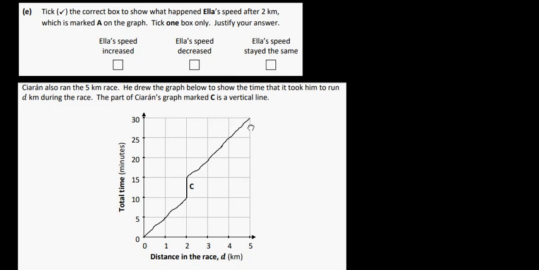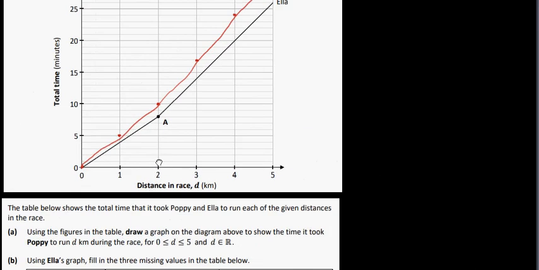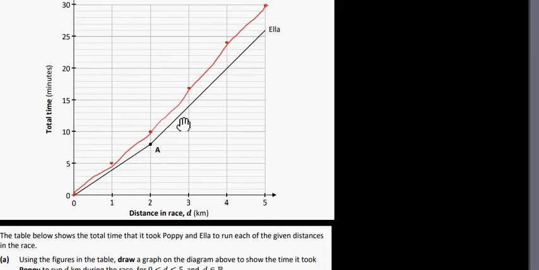Now, tick the correct box to show what happened to Ella's speed after 2 kilometers, which is marked A on the graph. Tick one box only and justify your answer. Well, we have Ella's speed increased, Ella's speed decreased, or Ella's speed stayed the same. Now, if we go back to the graph, this is Ella's graph here.